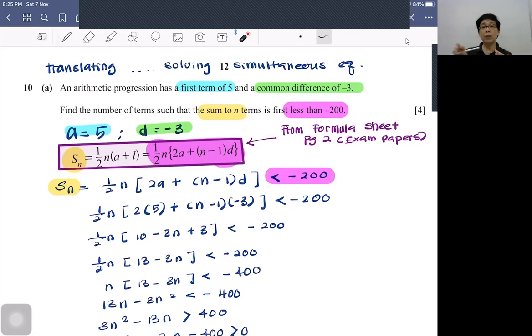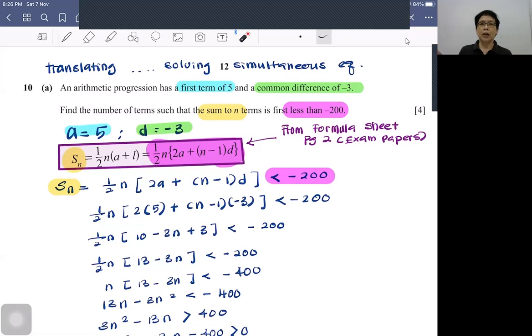It will just go down and down towards more and more negative values because it's a descending progression. Now, what does it mean, the sum to n terms? You're going to add the first term 5 with 2, negative 1, and so on.